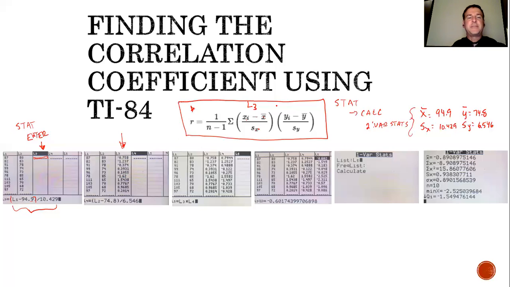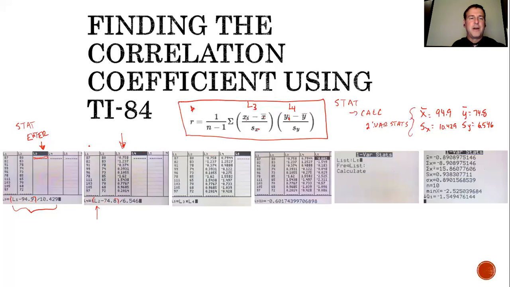Okay, now, next piece. We're going to go to L4 and highlight it. This little y sub i means you're going to take all your y values, all your quote unquote golf scores, subtract the mean from every single one, and then divide by the standard deviation of the y's. And you're like, that would take me forever to do all 10 of those. So in L4, I'm going to write this command using parentheses, knowing that all my y's are located in my L2.